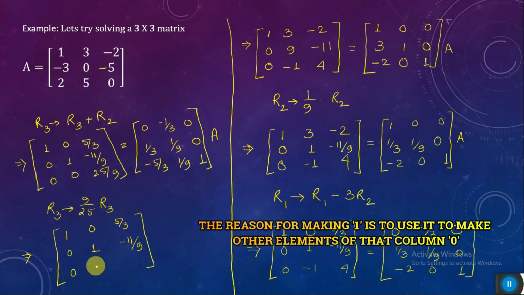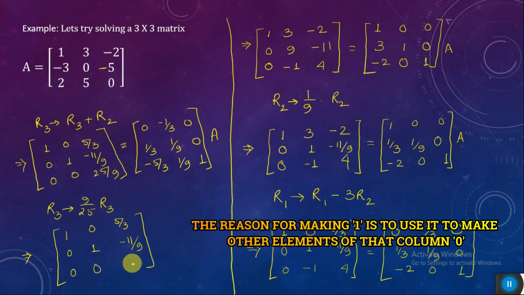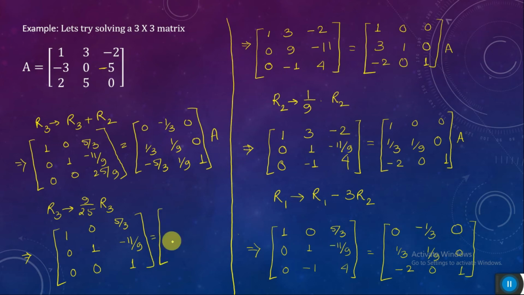So here it's 0, 0. Here you multiply, you'll get 1. So the main change will come here. 0, minus 1 by 3, 0, 1 by 3, 1 by 9, and this is 0. Here you multiply.